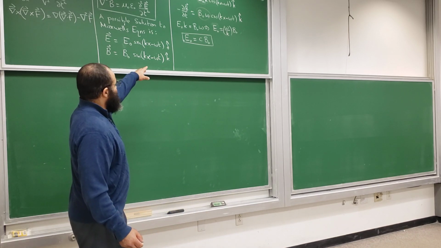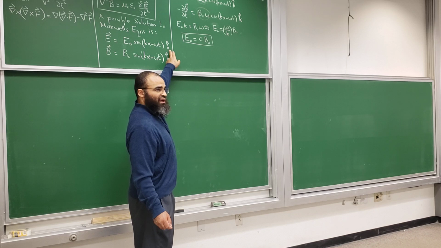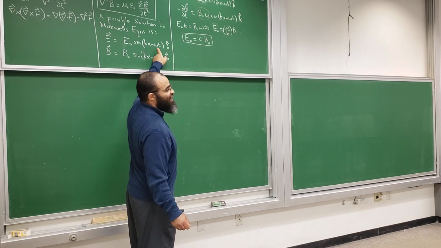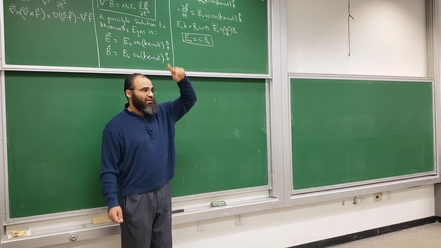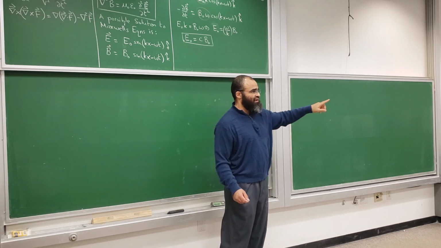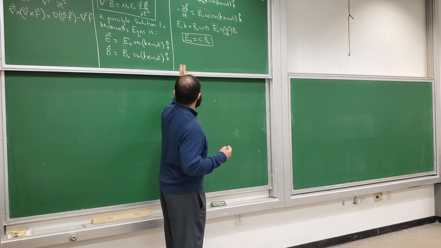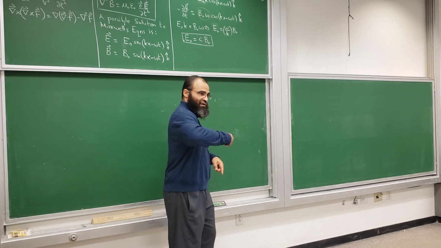Notice the electric field has a y component, it's in the y direction. But the wave itself propagates in the x direction. So let's say here's the y direction, the electric field looks like this, but the motion is in the x direction. The magnetic field has a z component. Let's say the z component is this way, so the magnetic field is doing this.